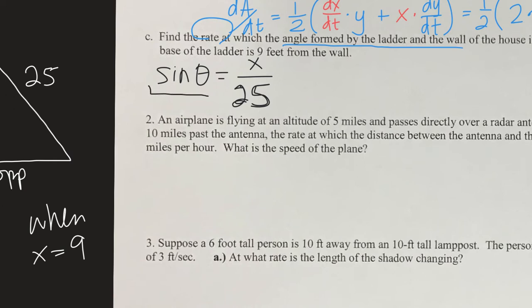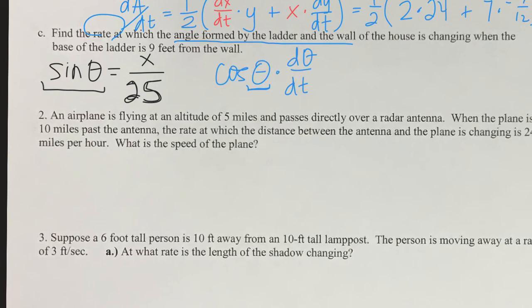So let's look at what is the derivative of sine. That's the cosine of theta times d theta dt. Every variable needs a rate. So if theta is our variable, we have times d theta dt. Okay, now x over 25 is the same as 1 over 25 times x.